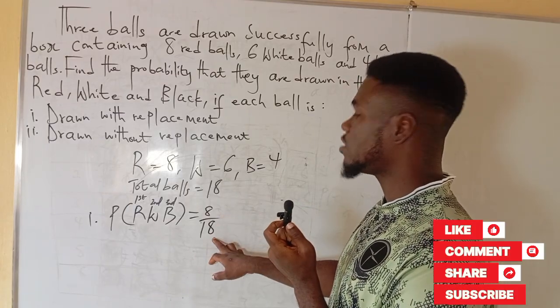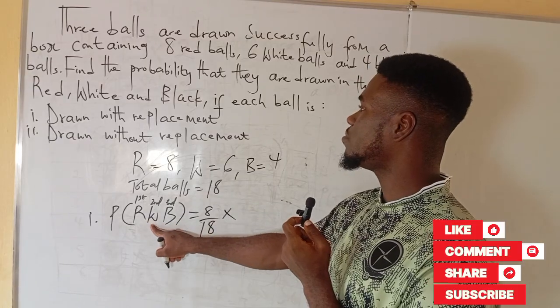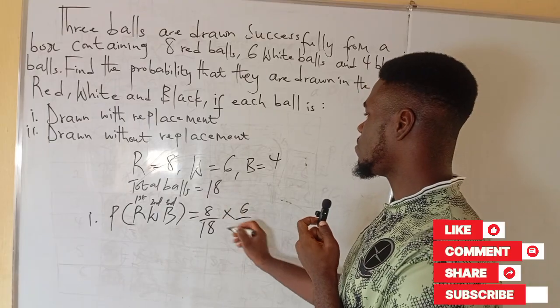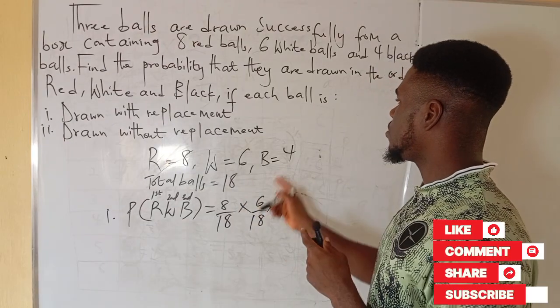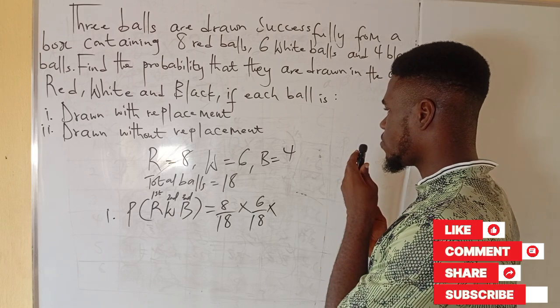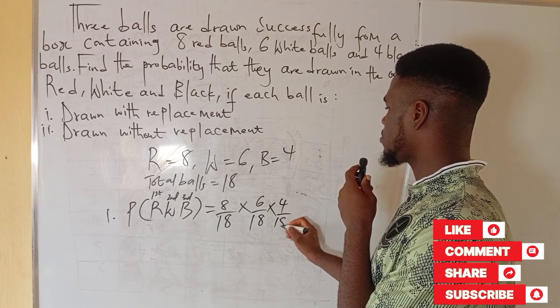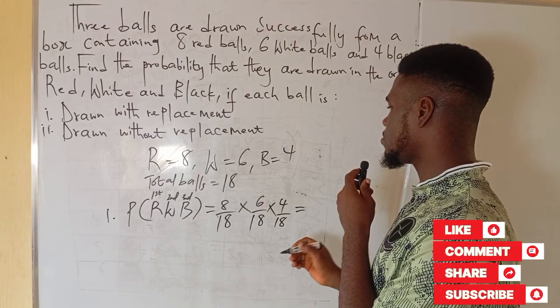That means the total balls keeps on being 18. Times, for the white balls, 6 over total number of balls, still 18. Times the black ball, 4 over 18.